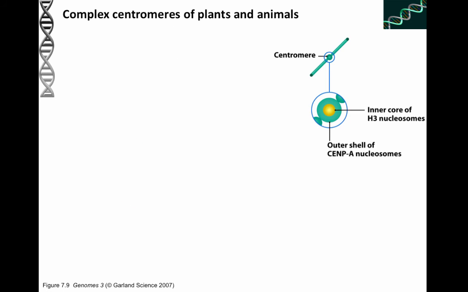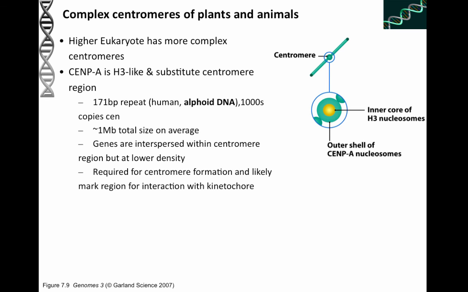The centromeres of plants and animals are a lot more complex. The protein complex called CENP-A is highly similar to H3, which has a domain conserved with CBF1 and 3. The interesting feature of plant and animal centromeres is that the centromere region has high numbers of repetitive sequences.